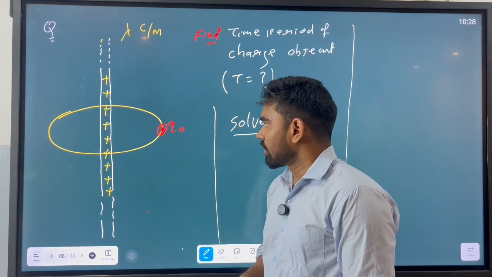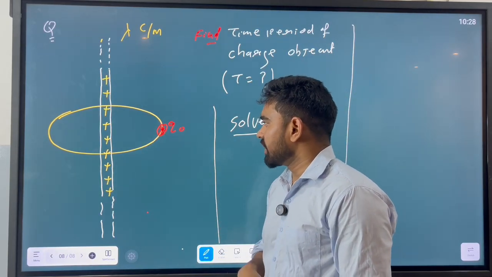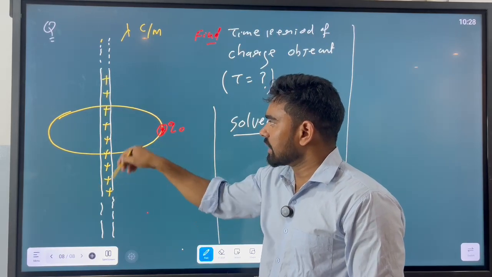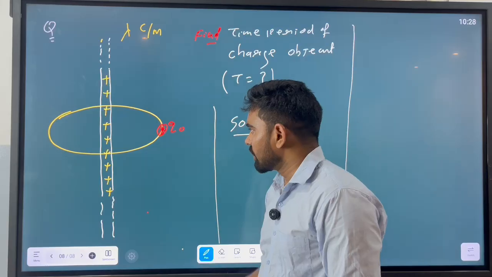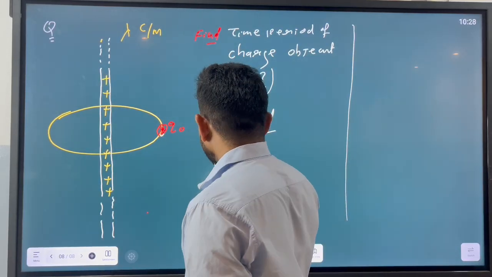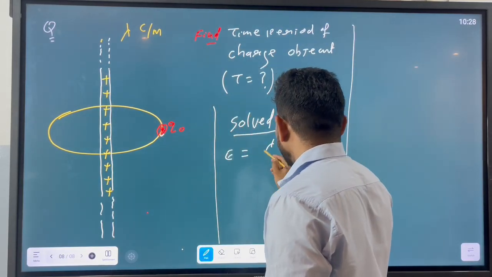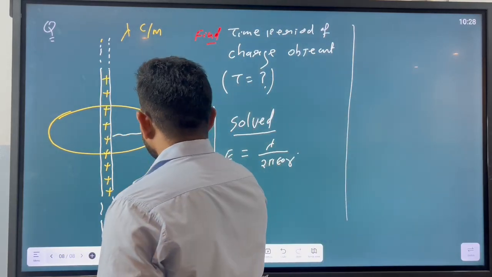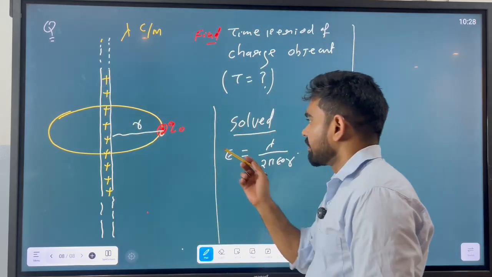From previous knowledge, the electric field due to a uniformly charged rod is E equal to lambda divided by 2 pi epsilon naught r, where r is the radius of the circular path.